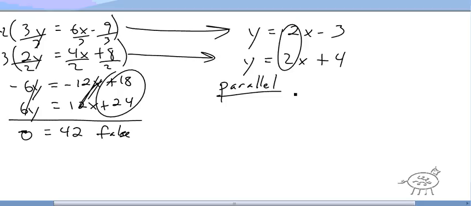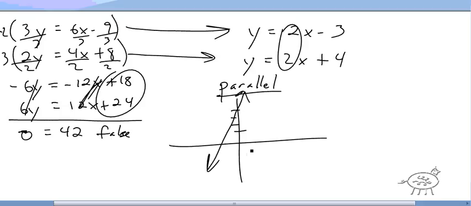Okay, so parallel. If I would graph both of these lines, I'd have 1, 2, 3, 4. So it's roughly going to look like this. And then -1, 2, 3, it's roughly going to look like that. So these lines are parallel. The solution to the lines is wherever they cross. Where do these lines cross? They don't cross.